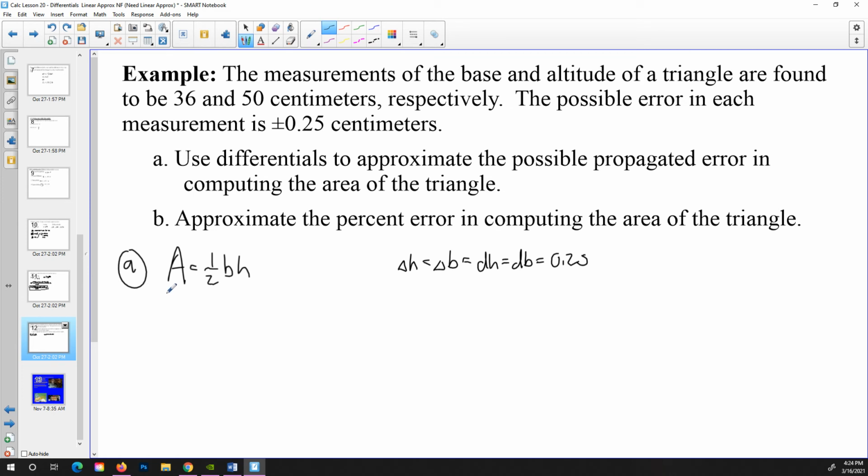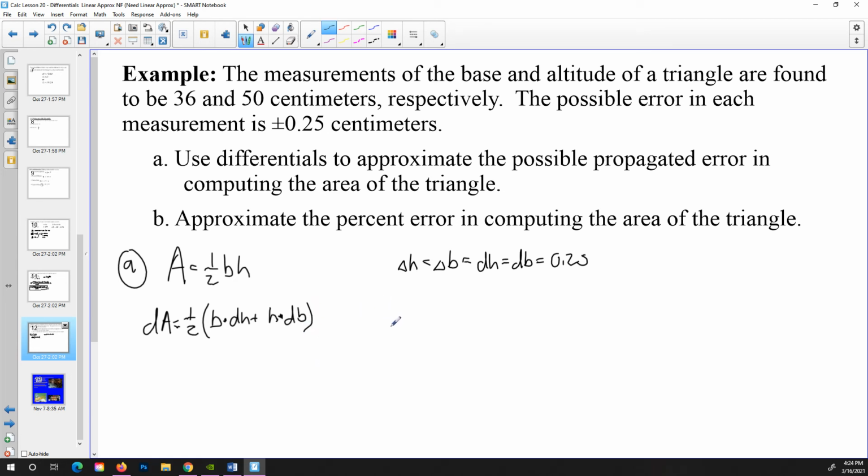And so I find my differential here using the product rule. And so I'll have dA is equal to 1/2. I leave the first one alone, so it'll be B times the differential of H, so DH, plus I leave the second one alone, H times differential of B, which is dB.